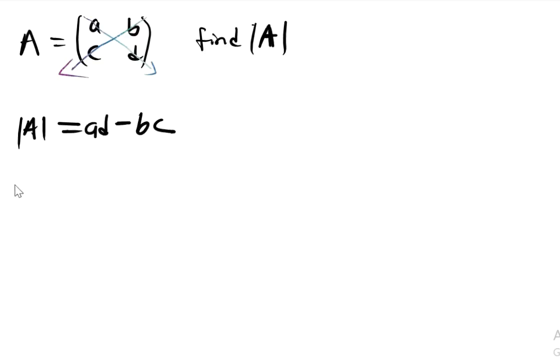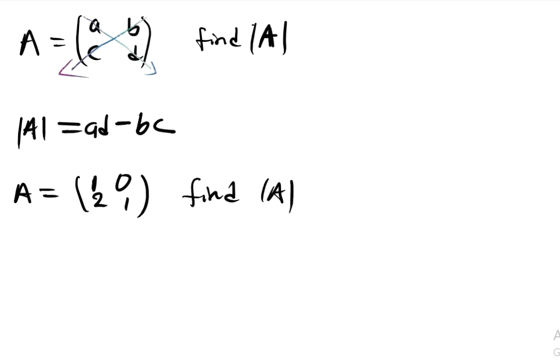If you are given a question like this, A is equal to the matrix 1, 0, 2, 1, and you are asked to find the determinant. Remember, to solve this, we have to multiply the diagonals. The first one is 1 and 1, and subtract from it the second diagonal.